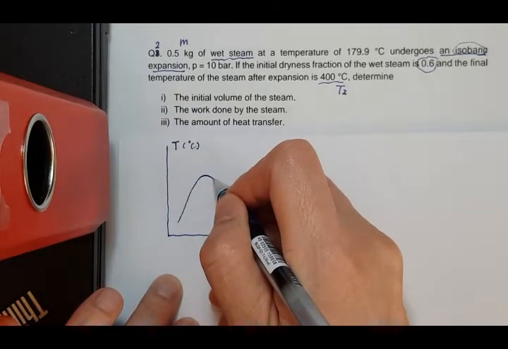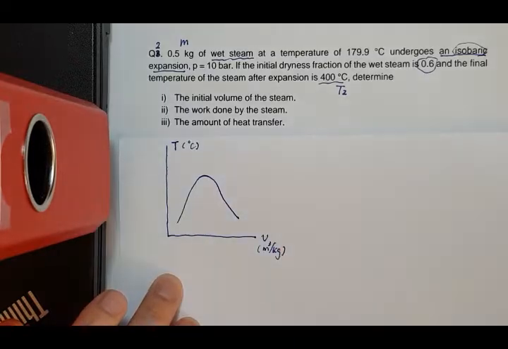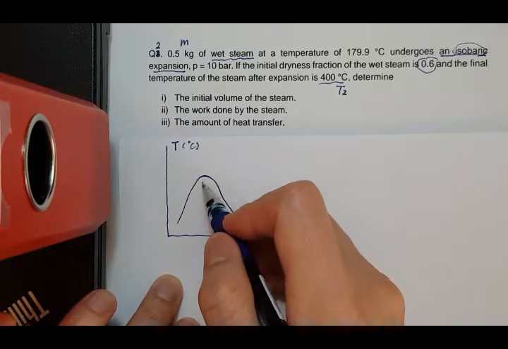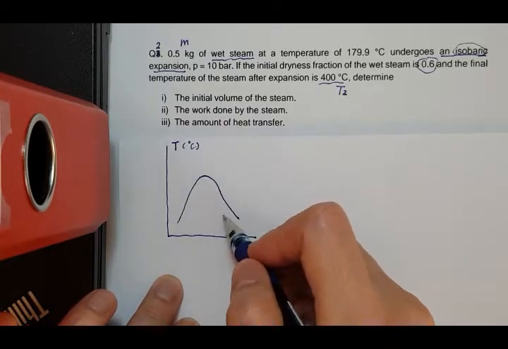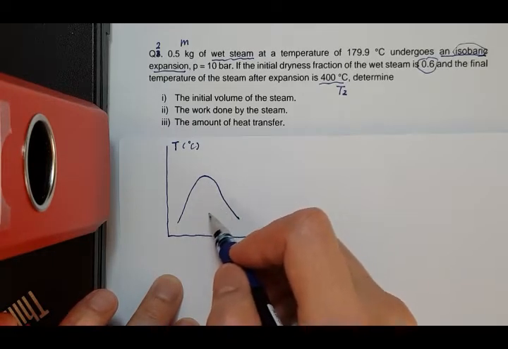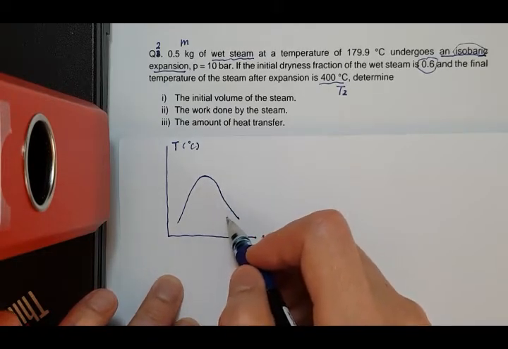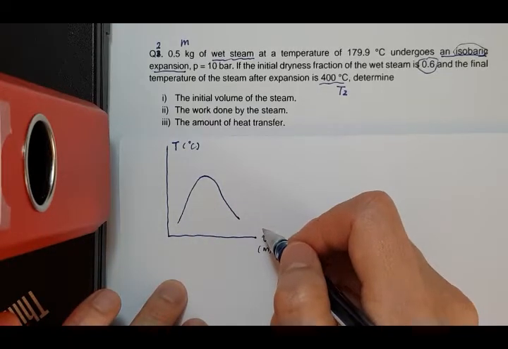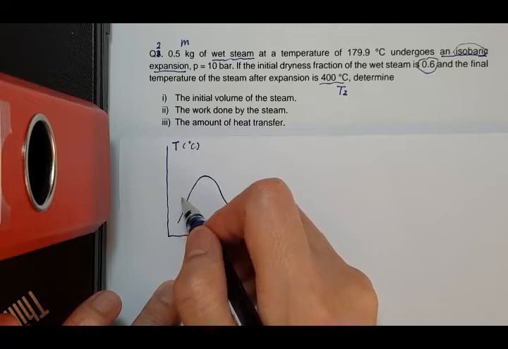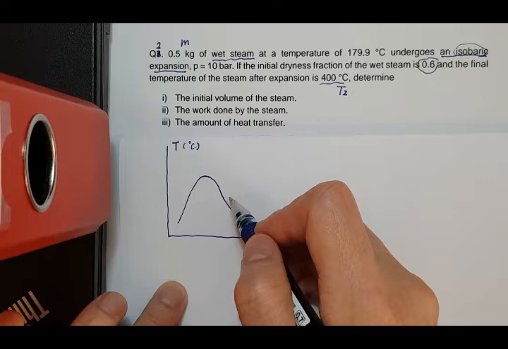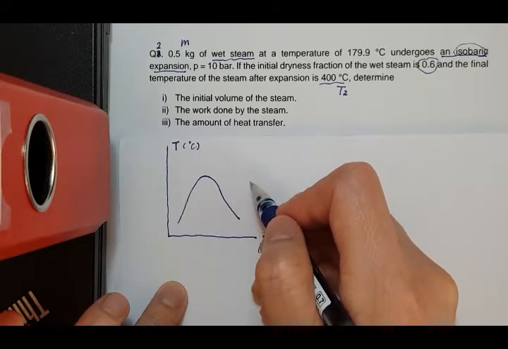It's very useful for understanding all the processes, because this profile shows us that anything underneath this dome is wet vapor. Anything on the left hand side represents a liquid, and anything on this side represents a superheated vapor.